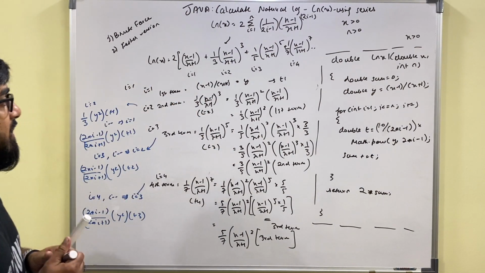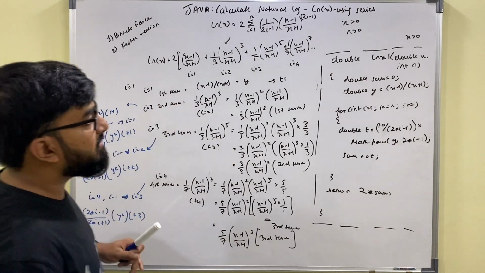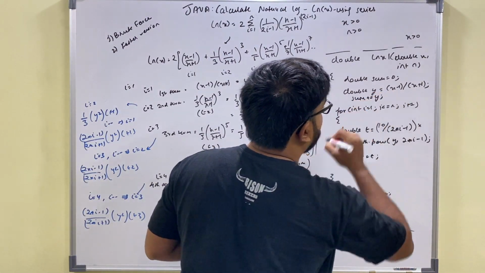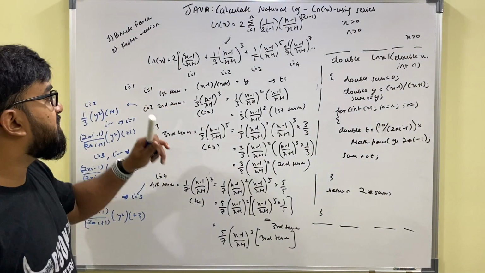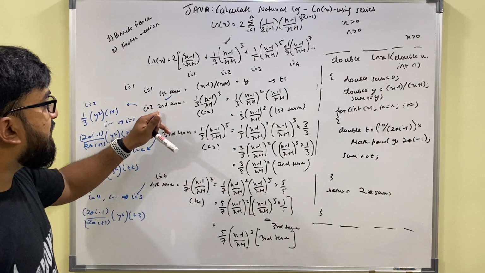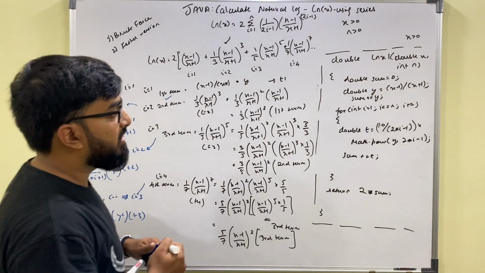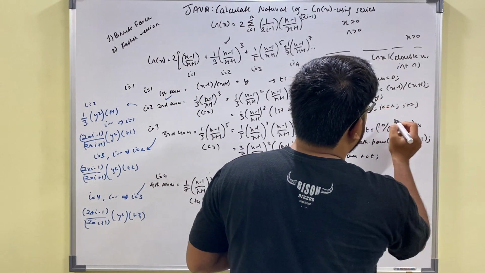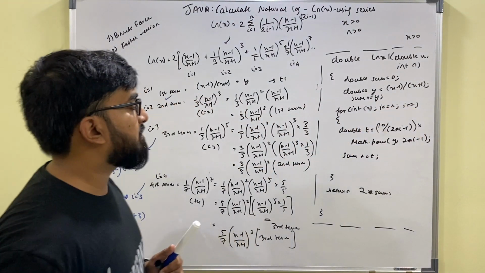So I'm going to add the first term as it is. I'm going to say sum plus equal to y. My first term is added. I need to start adding from I equal to 2, so I'll start with I equal to 2, go to less than equal to n, I'll do I plus plus.